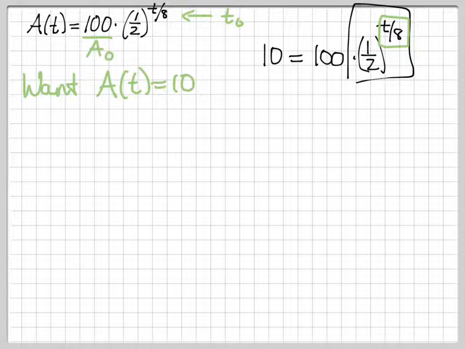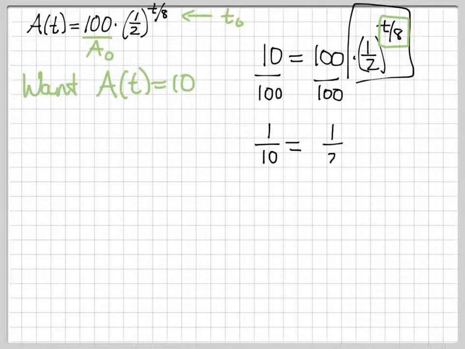So, first step is to divide both sides by 100, which gives us that 1/10 equals 1/2 to the t over 8.